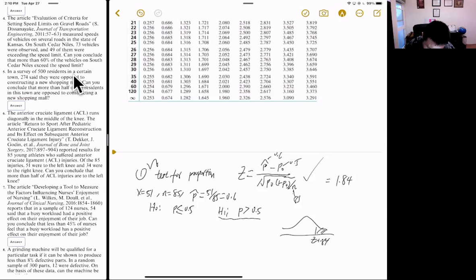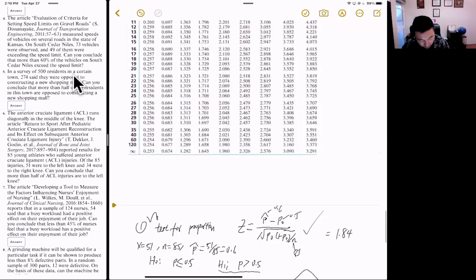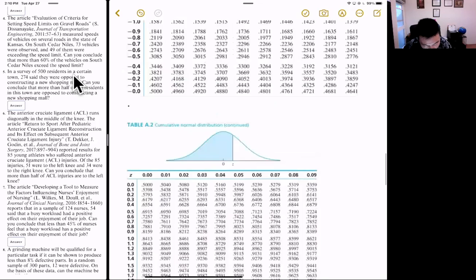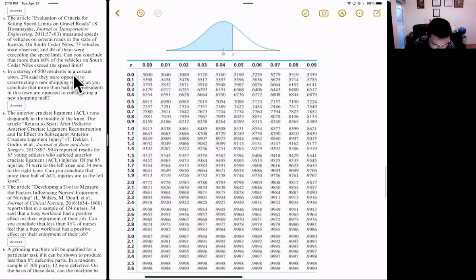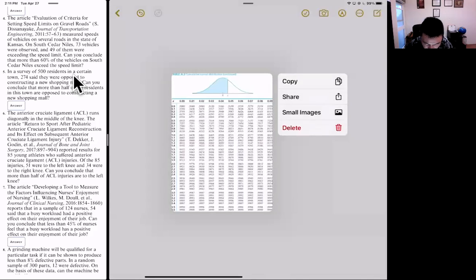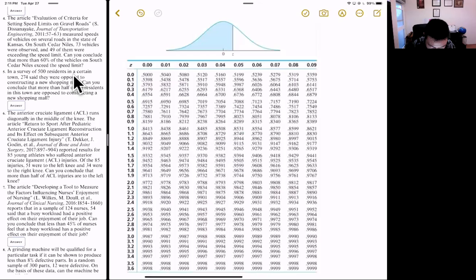Okay, to the right of 1.84 here. So we use the z table. I show the z table here. 1.84: so 1.8 is here, 1.84 is here. So 1.84 is 0.9671.